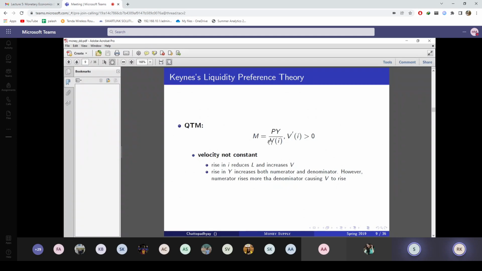So the right-hand side, PY divided by V, is a function of I. The right-hand side is the demand for money, which captures both transaction demand and speculative demand. The left-hand side is the money supply, and this equation represents money market equilibrium.